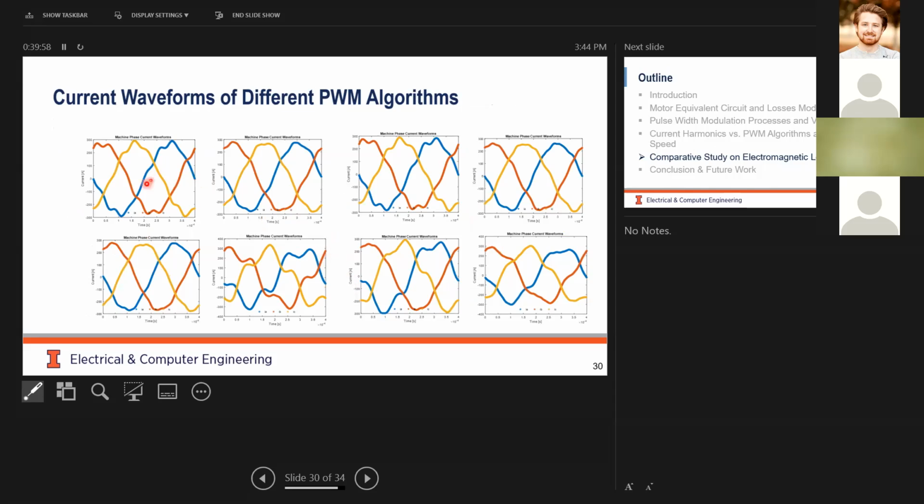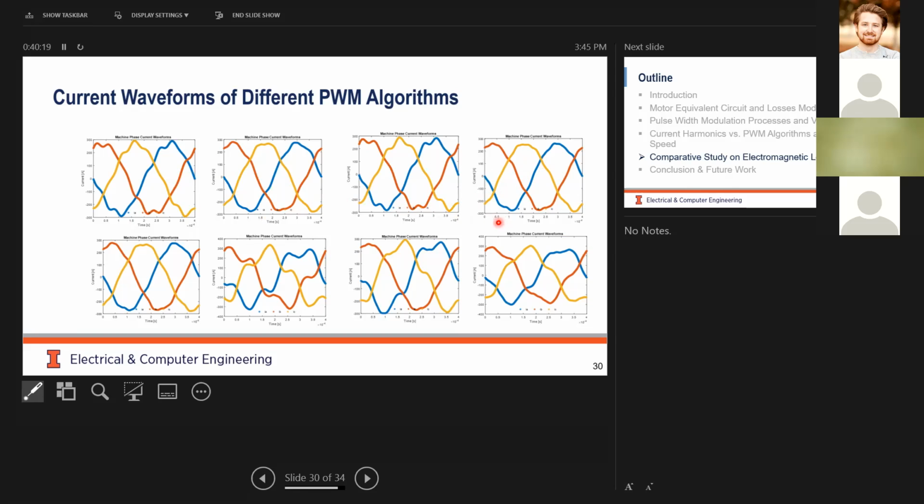So this picture shows the current waveforms of different algorithms. You can see that they are basically sinusoidal.